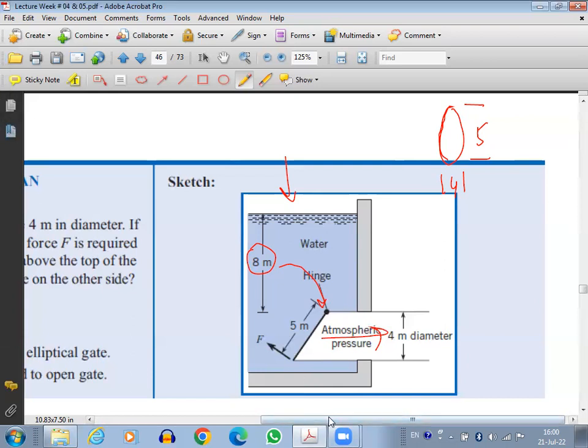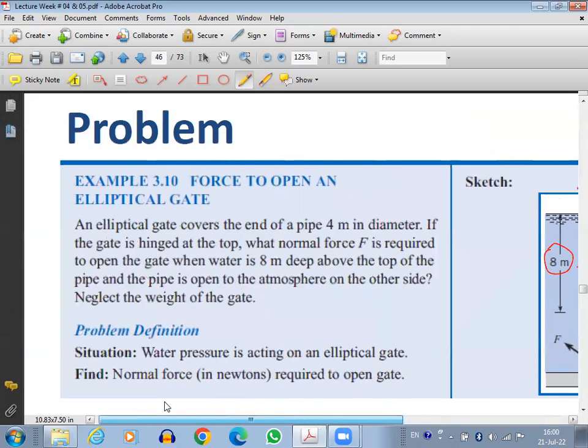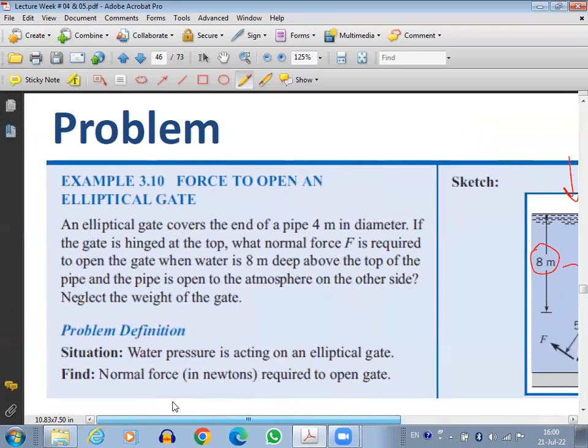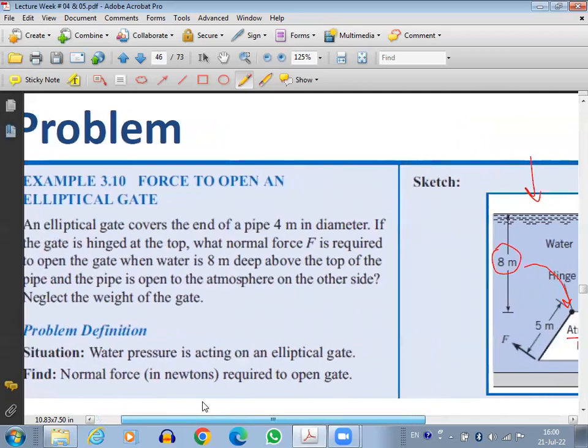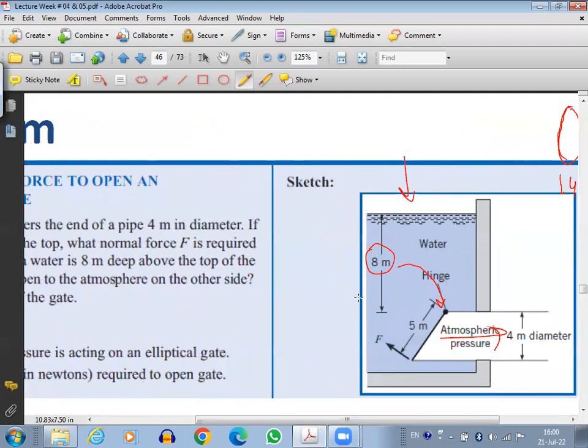So this is the situation. An elliptical gate covers the end of the pipe 4 meter in diameter. If the gate is hinged at the top, what normal force is required to open the gate? If the gate is hinged here and I want to open it, I have to apply the force here, in this direction.